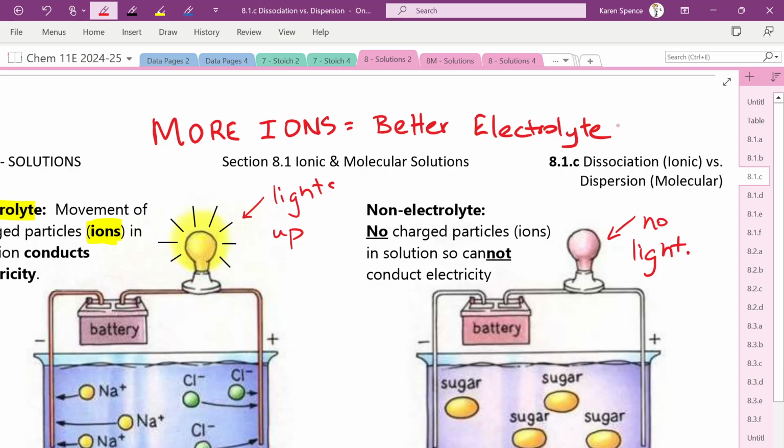Here comes a base. Here is some 1 molar KOH. What do you guys think? Tell your partner, what do you think? We ready? Yeah, because bases are just ionic compounds, right?